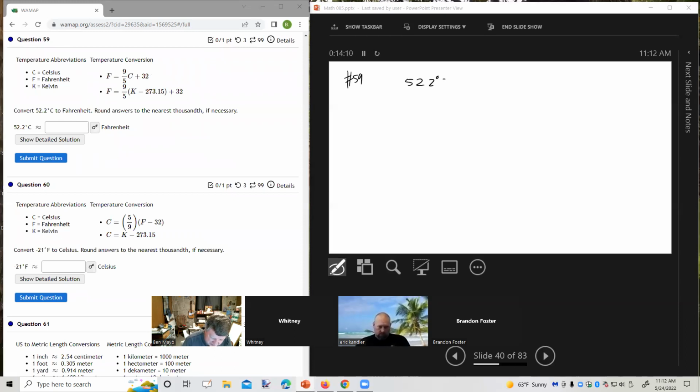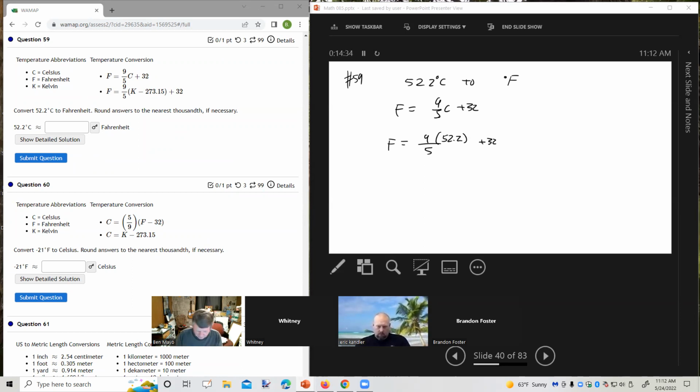52.2 degrees Celsius to degrees Fahrenheit. Using F equals 9/5 C plus 32, F equals 9/5 times 52.2 plus 32.